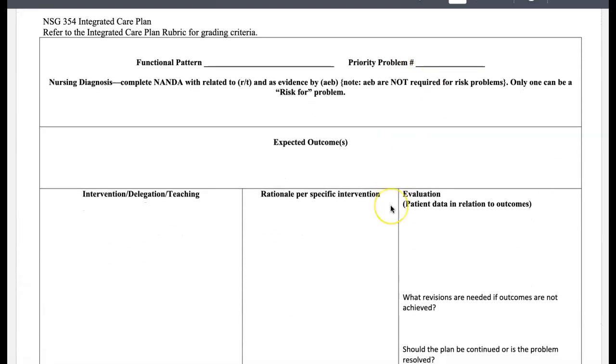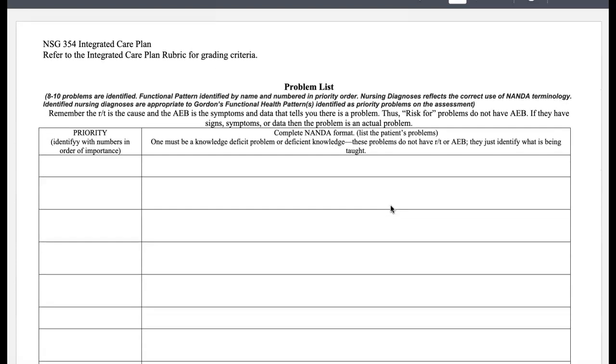And again, you're going to do this for a second one. Now, on the last problem, you're going to pick 8 to 10 problems that are identified, and you're going to number them in order of priority. If you write something out and then come up with something more important, you can identify the priority later on.